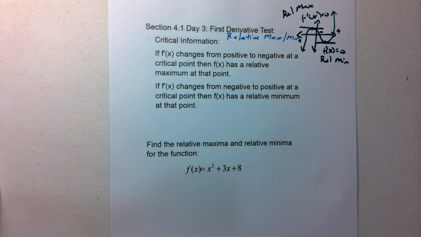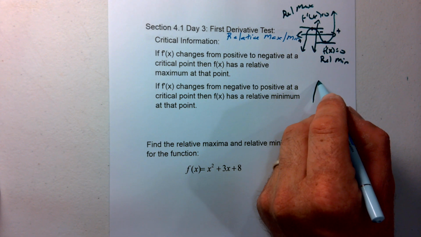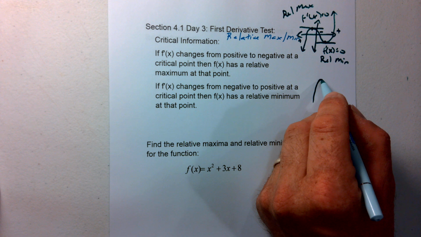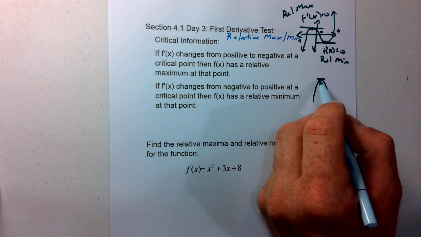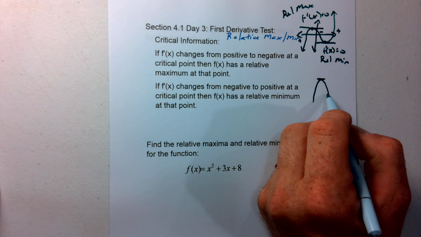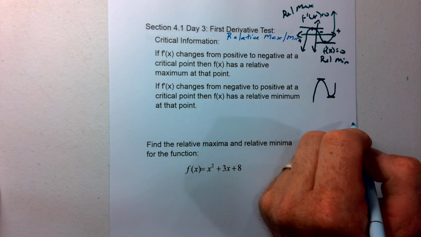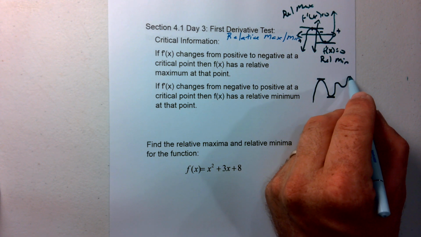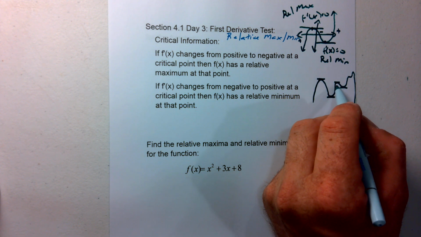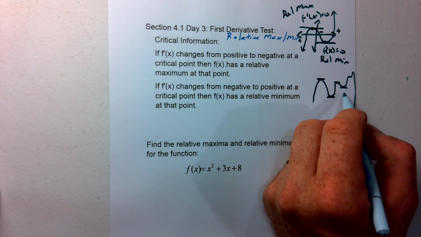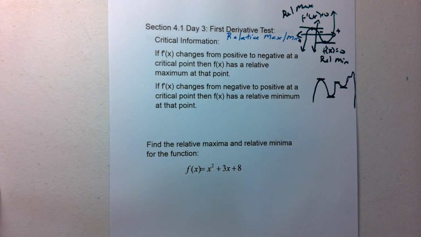If you think about it, if we go from positive slopes, or an increasing function, to a decreasing function, we're always going to have a high point, aren't we? If we go from a decreasing portion of the function to an increasing portion, we're going to see that we have a relative minimum. And we can do this as many times as we want. We'll always see that we go from increasing to decreasing for a relative max, and decreasing to increasing for a relative min.